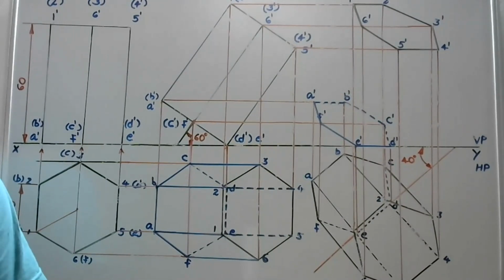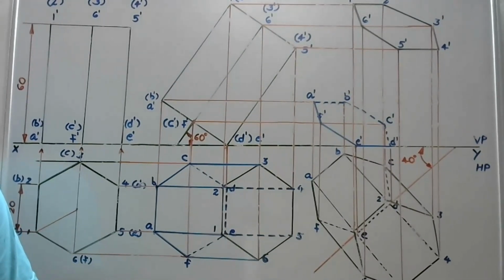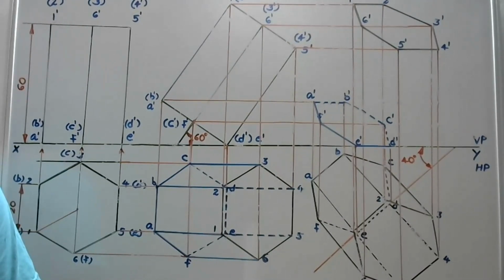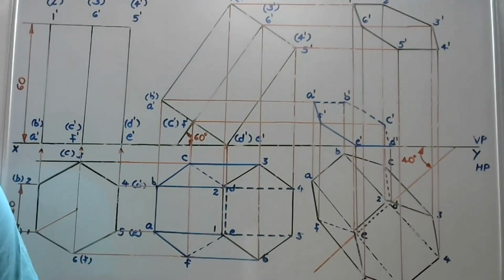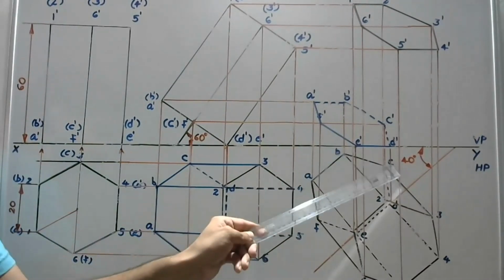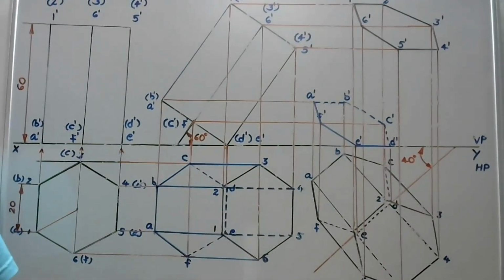After joining the corresponding front view of the base hexagon, A dash F dash, F dash E dash, and the resting base edge E dash D dash are visible in the front view. Other 3 are invisible. Basically, the points B and C are invisible in the front view.